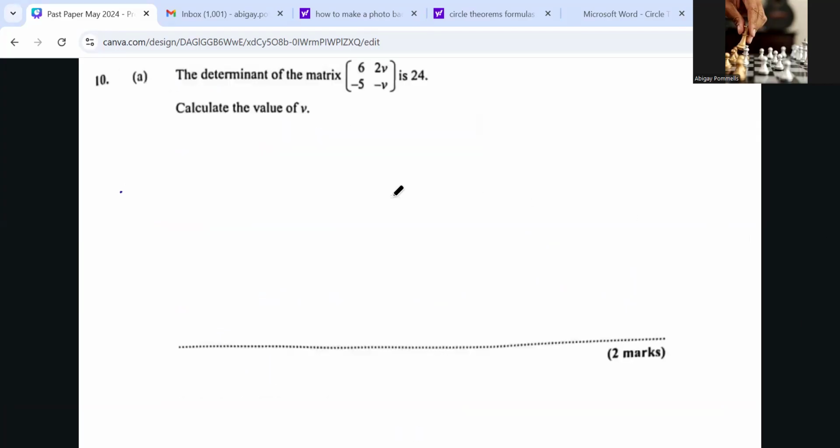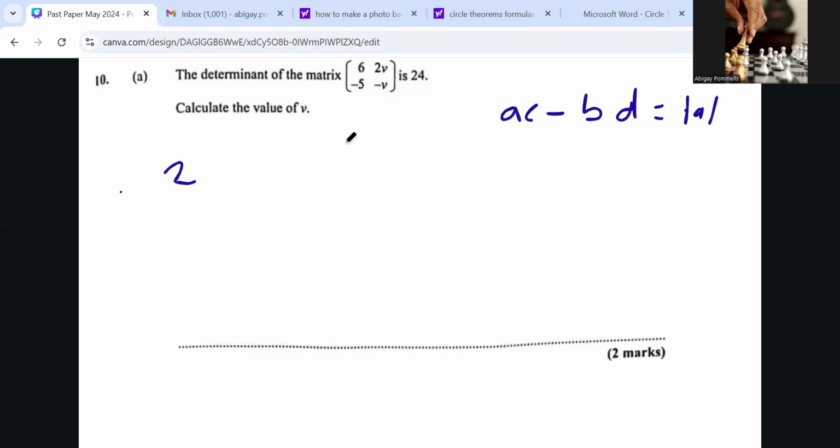All right, this is the last question, number 10. Easy peasy, vectors and matrices. It says the determinant of the matrix is 24. Calculate the value of V. And we know that the determinant is AD minus BC, equal to the determinant, which is already given to us.